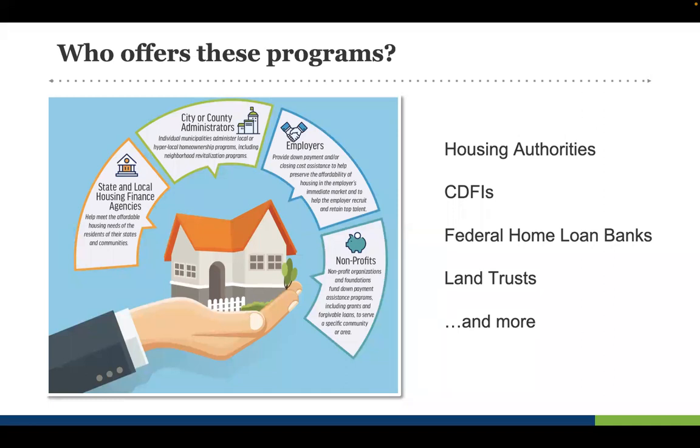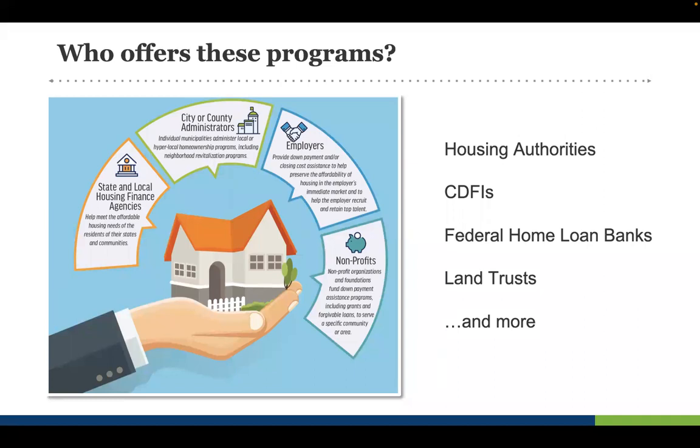But you also have cities and counties or other municipalities that may offer down payment or closing cost help. Sometimes employers will fund a down payment assistance program to help recruit or to retain employees. There are housing nonprofits that may offer services like homeownership counseling, homebuyer education, and often down payment assistance to help buyers in their local market.